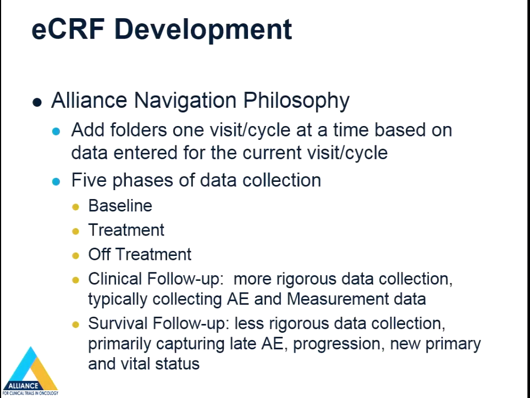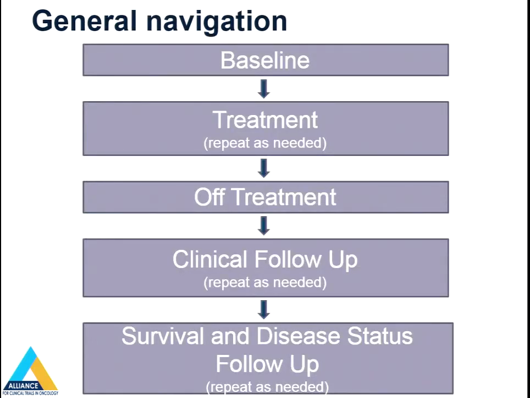And then we move to what's called a survival follow-up, which is a less rigorous form of data collection. We're typically just collecting events that have occurred, such as any late adverse events, progression, new primary, and then their vital status. This is a picture of what that looks like.